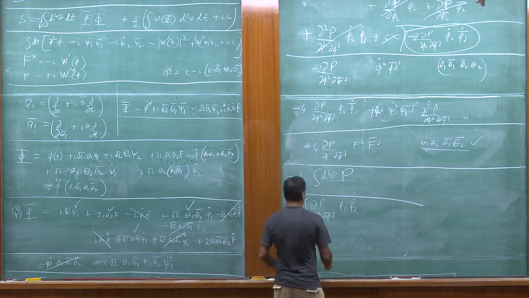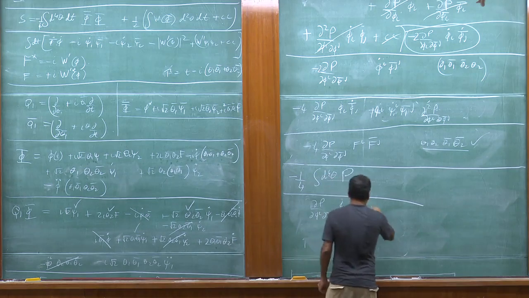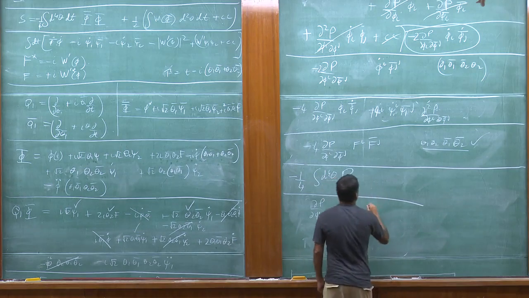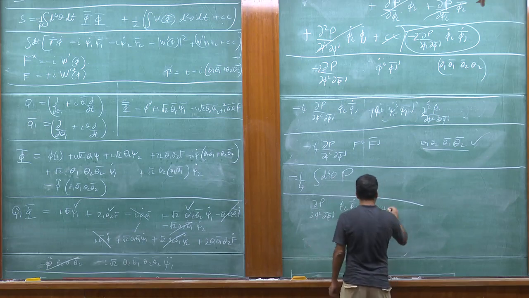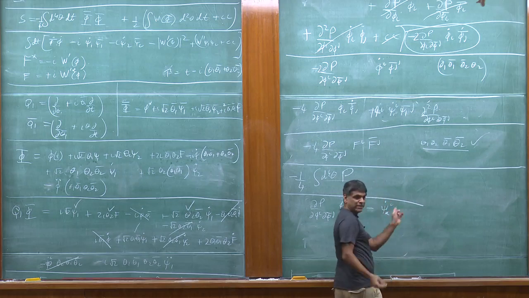Well, let's not write integral here. This plus minus psi I dot, and this is A. A is summed over. That's 1, 2.